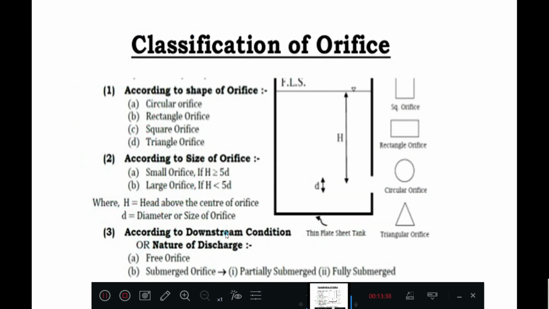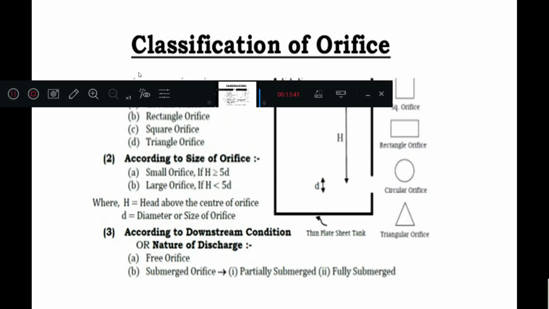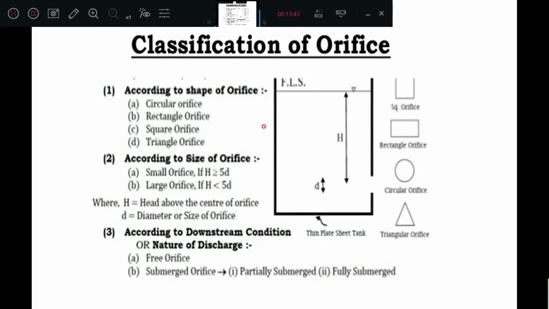Then the classification of orifice. The orifices can be classified based on various criteria. Based on the shape, the orifices could be a circular opening, a rectangular orifice, a square orifice, or a triangular orifice.